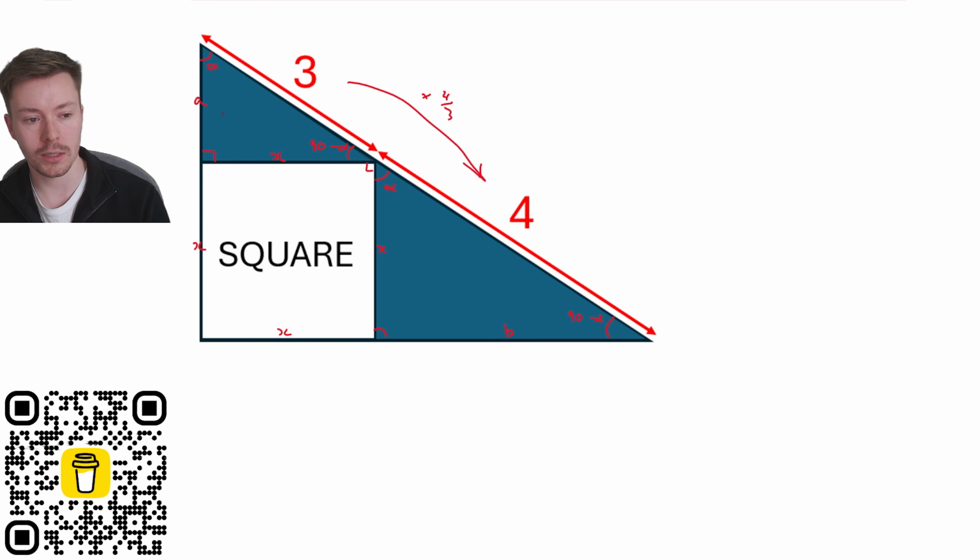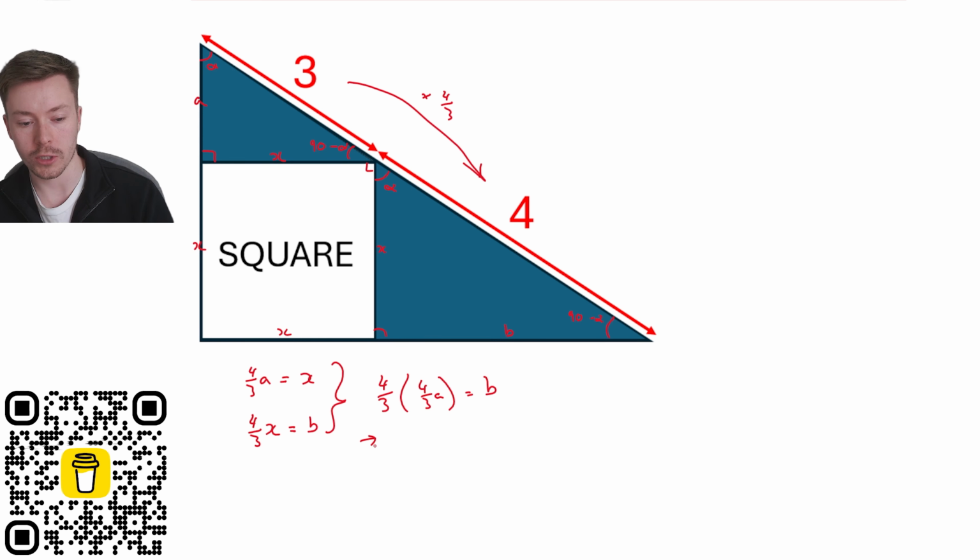So what that means is that from A to x, I have to times by 4 over 3, so 4/3 of A is x, to get from this side to this side, corresponding sides, and to get from the corresponding base, x, 4/3 of x, is equal to B. Now, if I combine those two statements, replace x with 4/3 A, 4/3 of 4/3 of A is equal to B, which tells us that 16 over 9 A is equal to B.